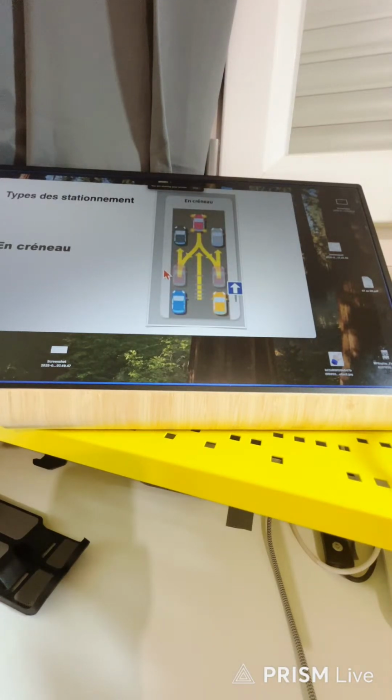I said if an inspector, or you yourself, want to park, maybe you have been parking or driving also, but you don't know the name of the parking. It's called en créneau. If you want to park with reverse parking, you are parking in reverse, either to the right side or to the left side. That's what they call en créneau. If the inspector says, okay, on va garer en créneau, that is telling you that you are going to use reverse to park.